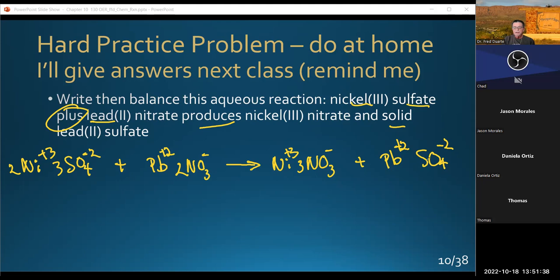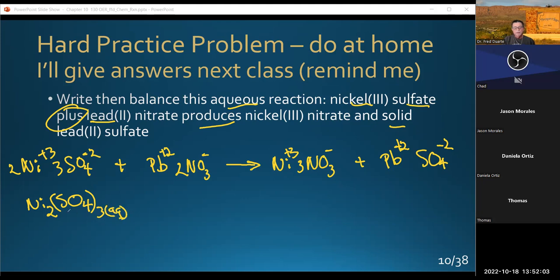And for the lead sulfate, it's a simple 1-to-1 because both of them are +2. All right, so the formula for the first reactant is Ni2(SO4)3, and it's aqueous, AQ.